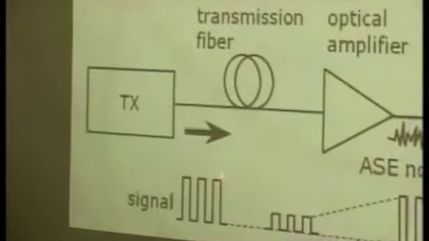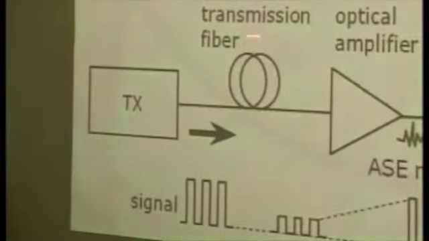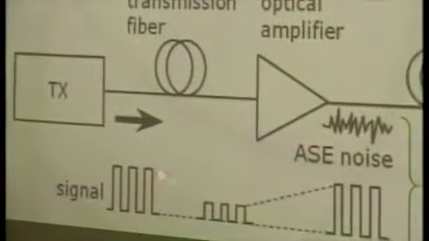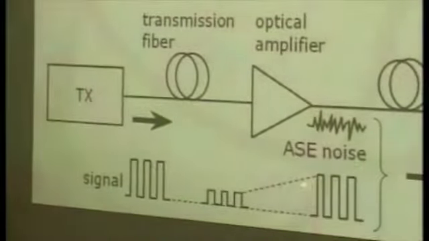So this is the outline of the optical amplifier system. As you know, this optical amplifier system transmits the optical signal through a concatenation of optical fibers and amplifiers. So the signal from the transmitter is attenuated by the transmission fiber, but the optical amplifier amplifies the signal level to the original level.